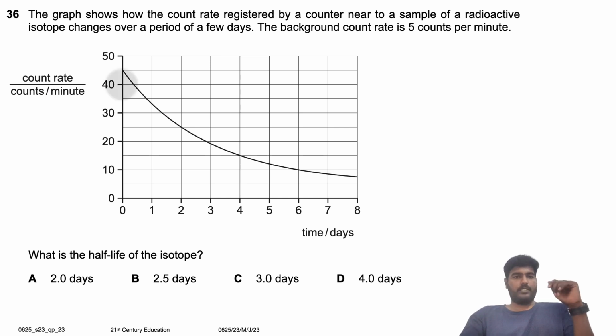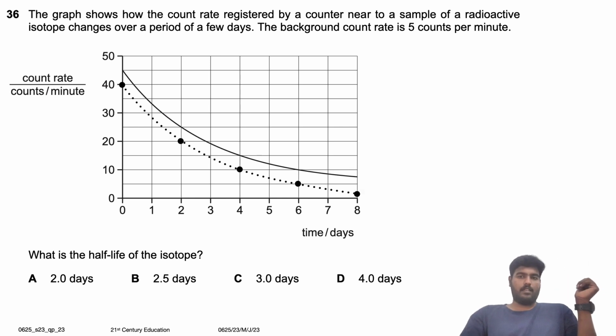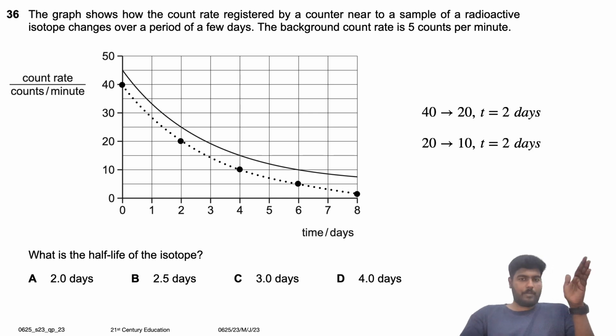I'll take a few points and subtract 5 from each. Now we'll just look at two values. Let's look at 40, at 0 days. How long from 40 to 20? It's 2 days. The same happens from 20 to 10, 2 days. So the half-life of the isotope is 2 days.